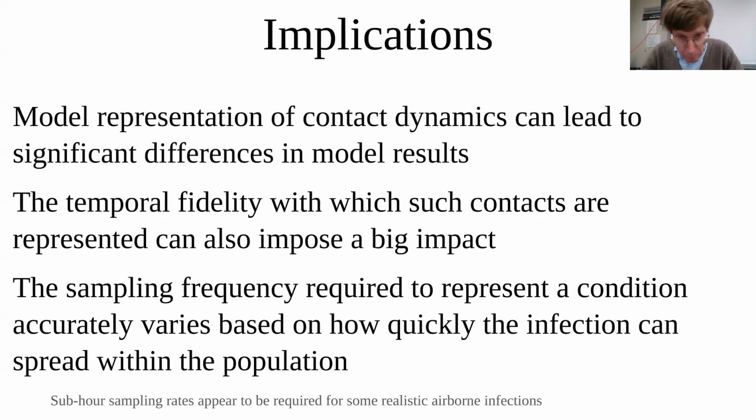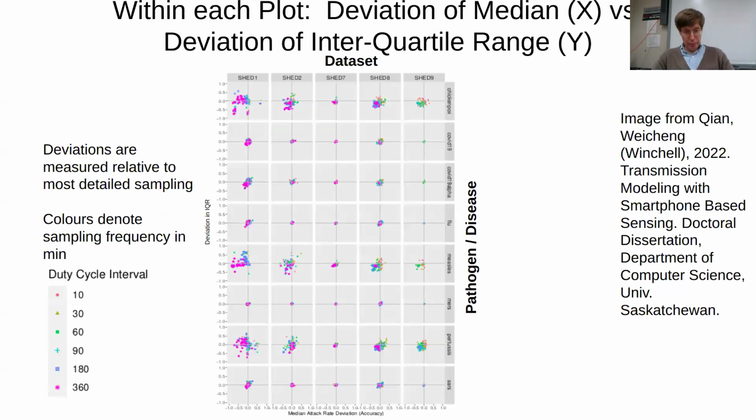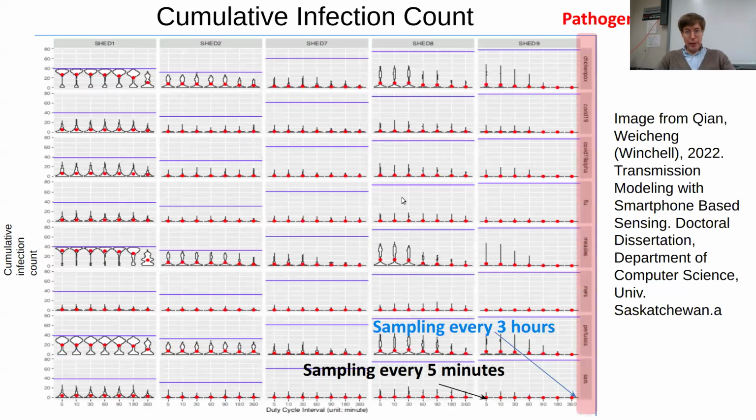As we saw, the temporal fidelity, judging by both this and this, can actually make a significant impact on the spread. And we have to be careful here. If you look at Winchell Chen's amazing dissertation on this, or the subsequent published papers, we had 2 simulations.